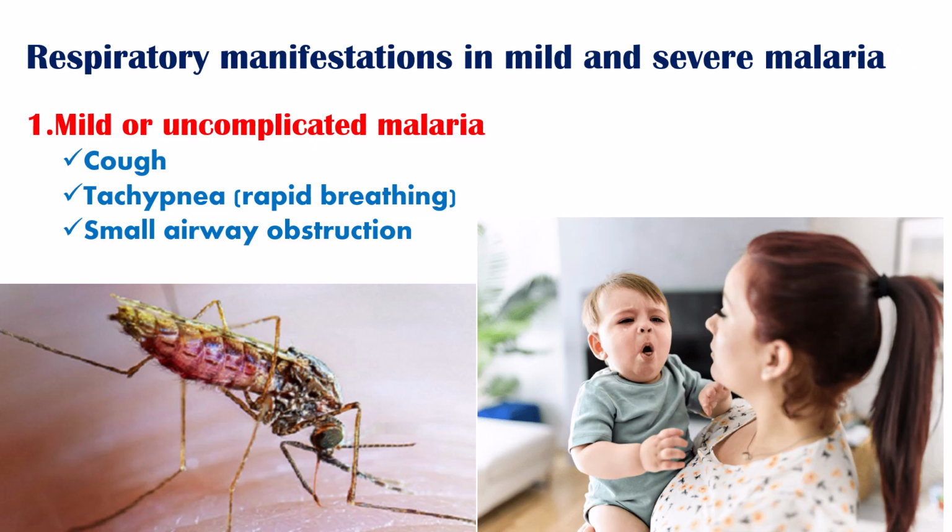Respiratory manifestation can occur both in mild and in severe malaria. In mild or uncomplicated malaria, a dry cough is a common symptom, occurring in 20 to 50% of malaria patients. Tachypnea, or rapid breathing, which is an increased respiratory rate, can be caused by fever, anemia, and underlying lung involvement.